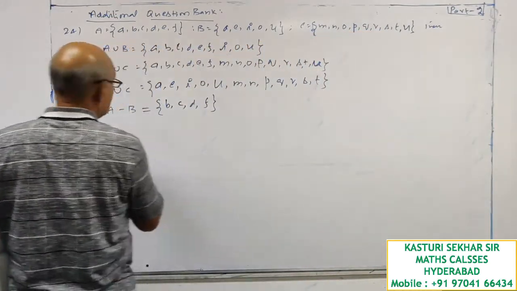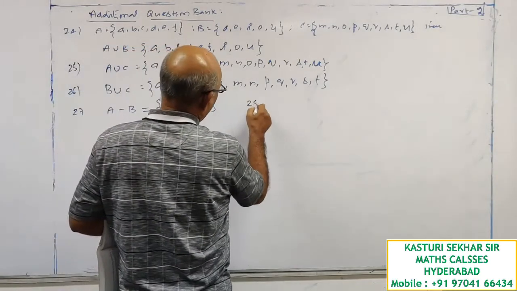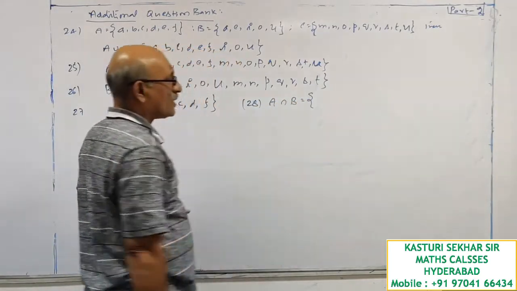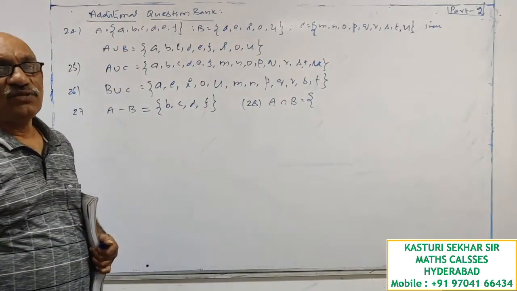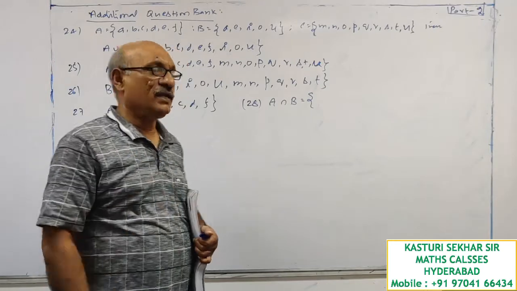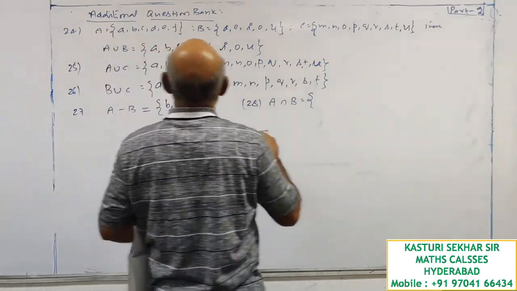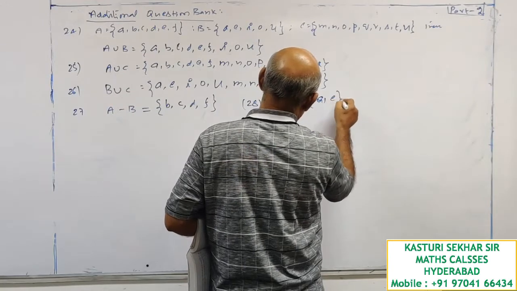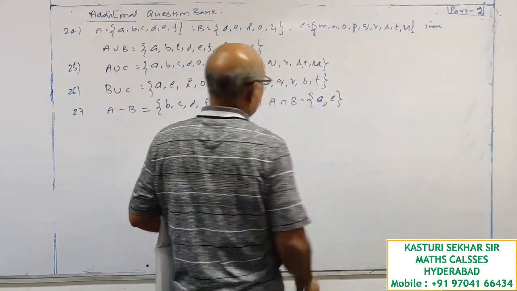Question number 28. A intersection B. A intersection B is also a set which contains the elements of A and B, the common elements. A and B common elements means a, e.